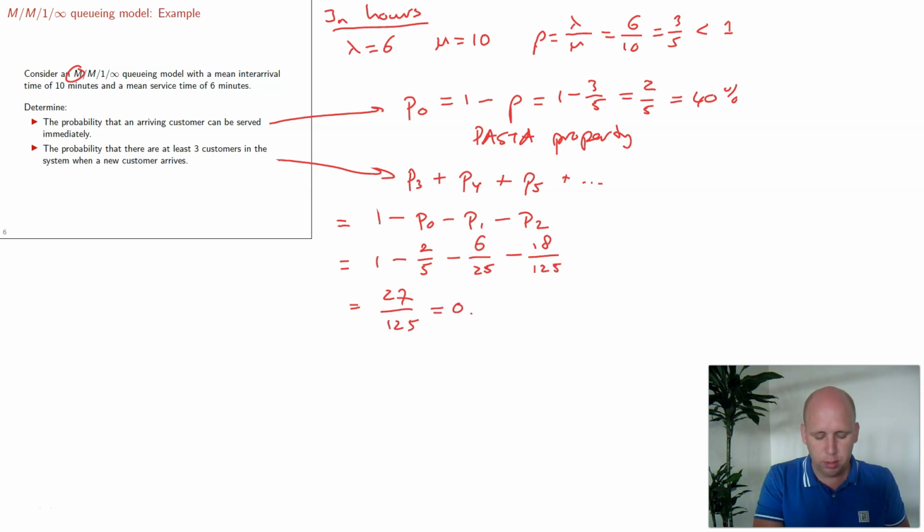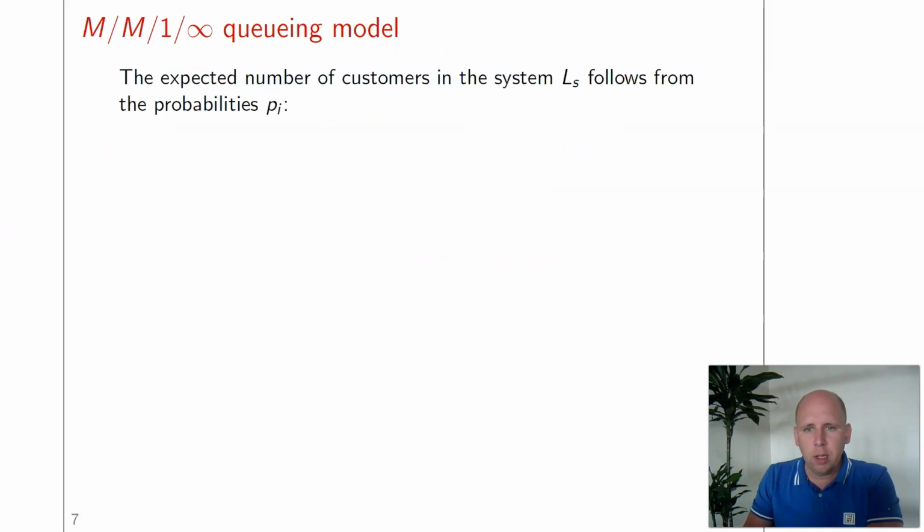And that's 0.216. So this is the probability that at the moment that the customer arrives, there are at least 3 customers in the system. You can write it like this, but you can also say it's 21.6%. So that's an example of an M/M/1/infinity queuing model.